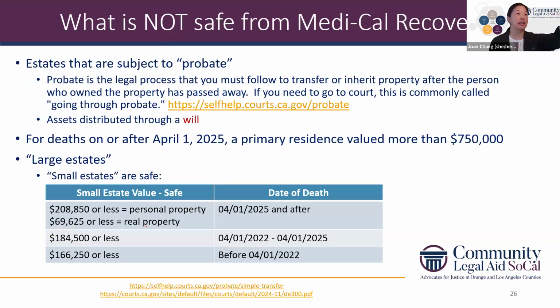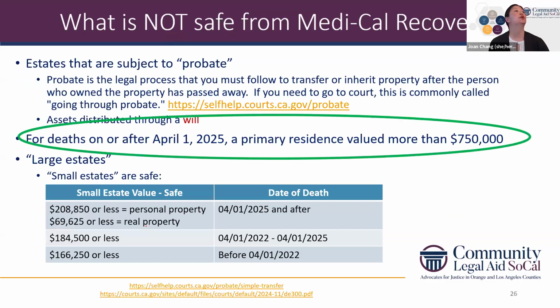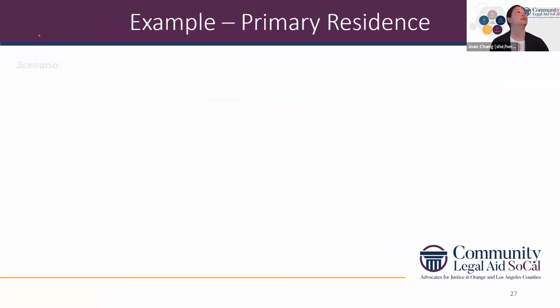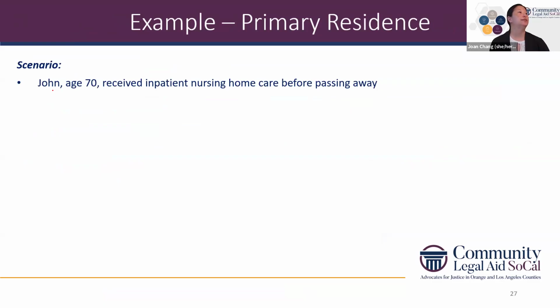All right. So again, same information from the two prior slides, but we're going to focus on this. For deaths that are on or after April 2025, a primary residence valued more than $750K. We're talking about our good buddy John. John is 70 years old.